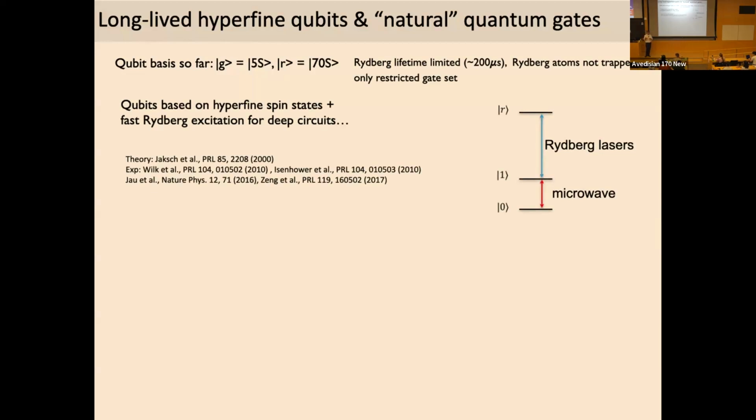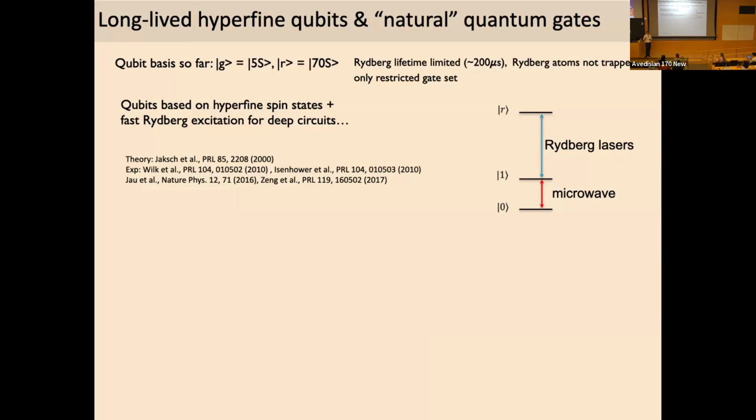conventional quantum computing, like the gate-based model, is an approach where you use a pair of long-lived states, such as hyperfine states, which are a combination of electron and nuclear spin states of the atoms, to encode a qubit. The advantage of doing that is that this state can be very long-lived.